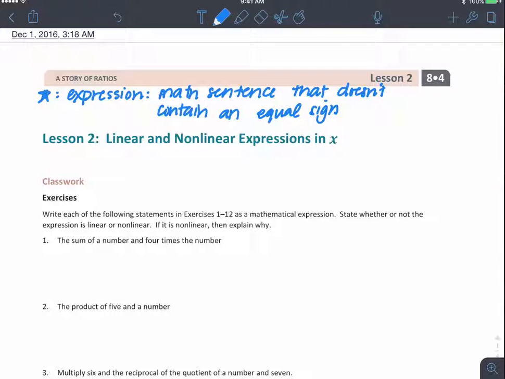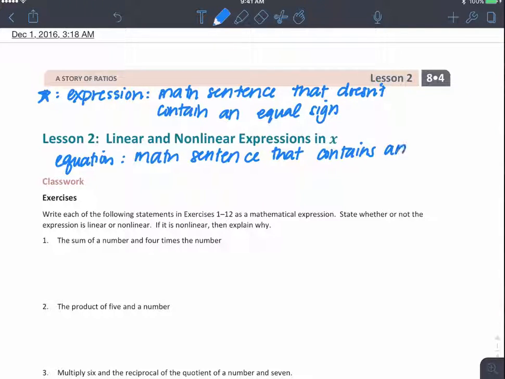Of course, this is different from an equation, which is a math sentence that contains an equal sign, which is what you were doing last lesson.